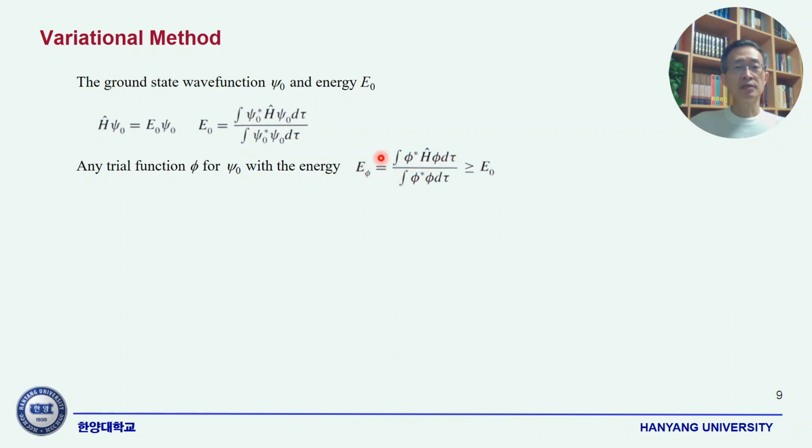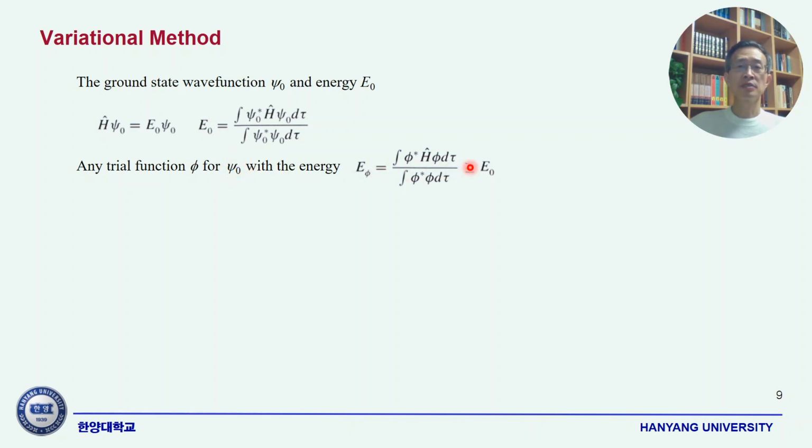But this energy for phi is always greater than or equal to E naught. That is the variational method. It guarantees that you just do your best to get close to psi naught, making your trial function phi as close as possible to psi naught.